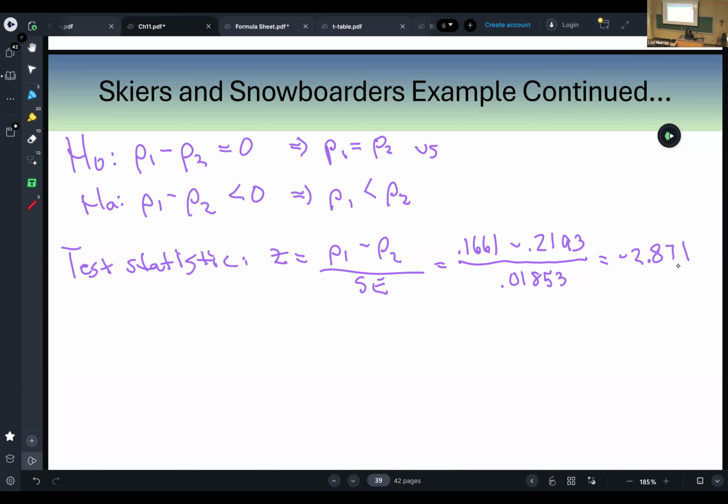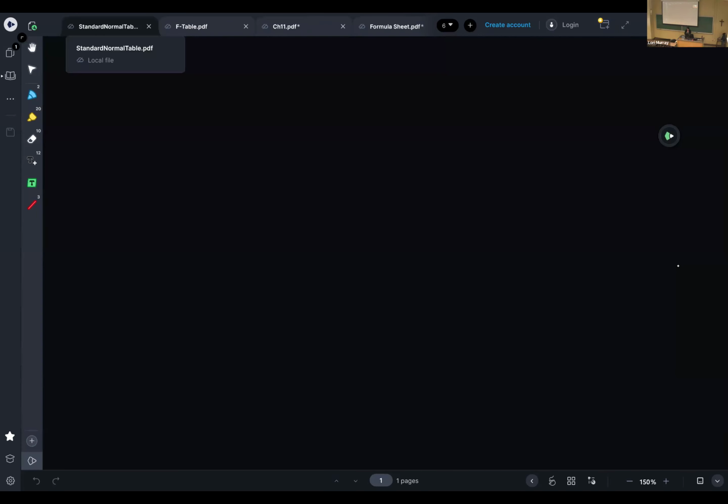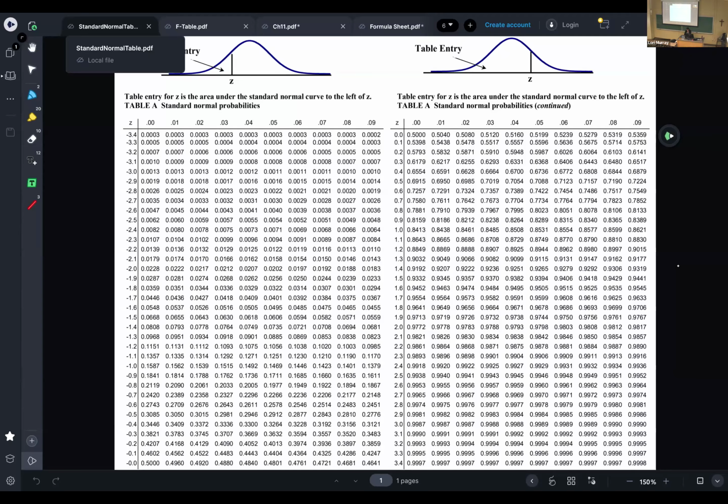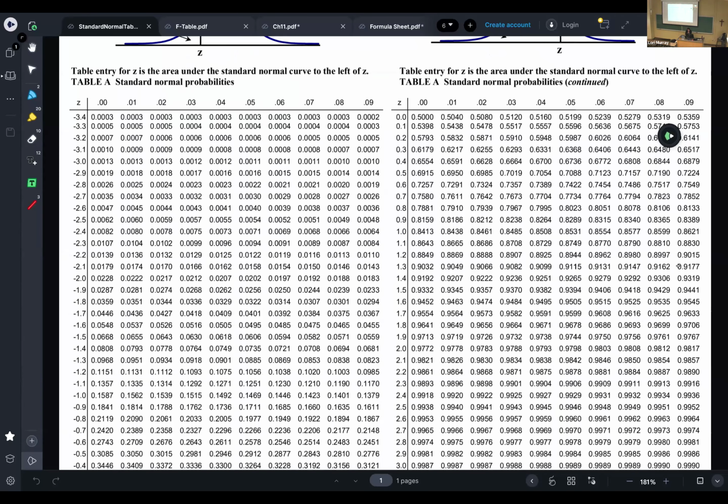So we could do the p-value this way, which is the p-value where we go is less than negative 2.871. We all know how to do this. You just look that up on the table, the standard normal table that everyone knows so well.